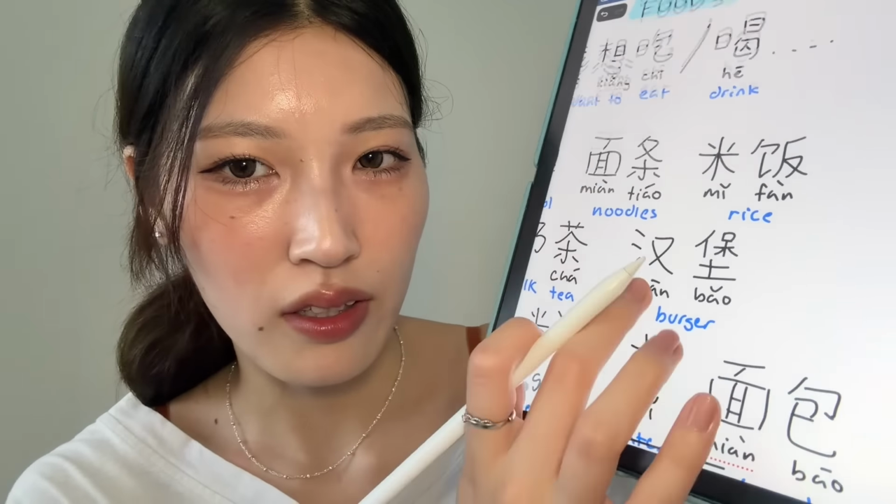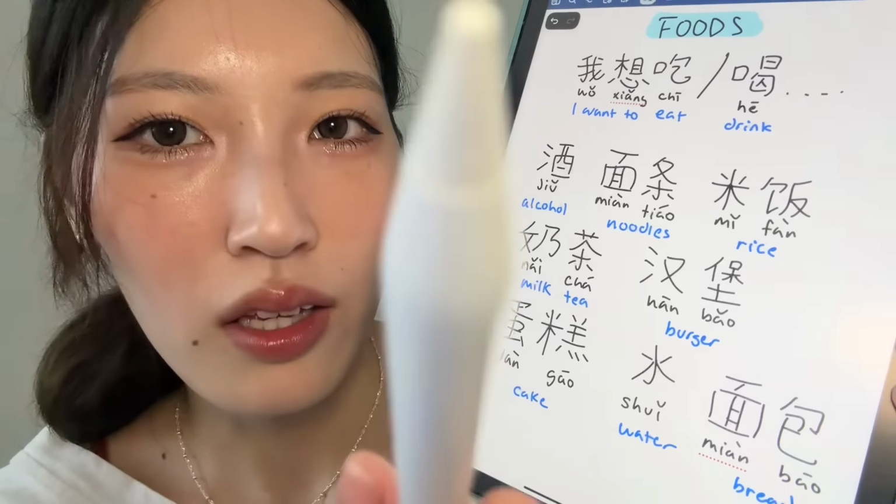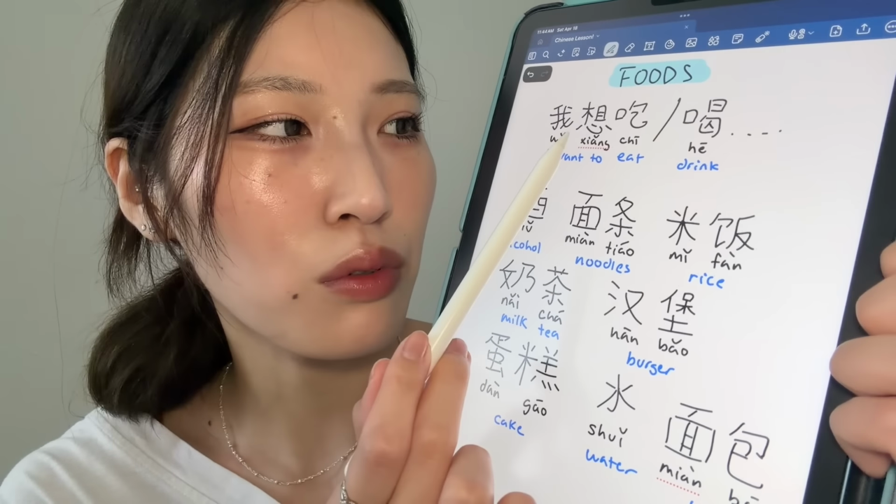Okay, so let's do this. Think of something that you want to eat here. I know it's not a very expansive pool menu, but let's just do 我想吃 and then whatever you would like to eat.